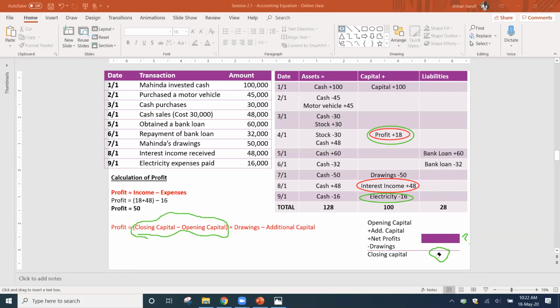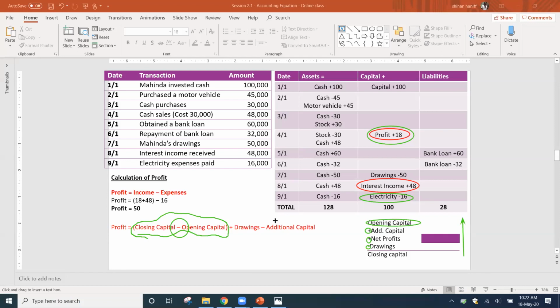Let's say you have drawings. Now when you are going up in any of these types of equation, whatever the pluses will be minus, and minus will be plus. See in the equation, opening capital was minus because it was a plus.